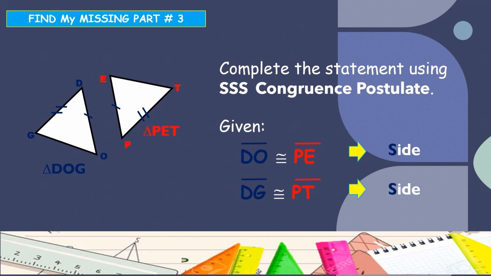Let's proceed to find my missing part number 3. Given triangle DOG and triangle PET, where side DO is congruent to side PE and side DG is congruent to side PT. What is the missing congruent part to complete the statement using side-side-side or SSS Congruence Postulate?